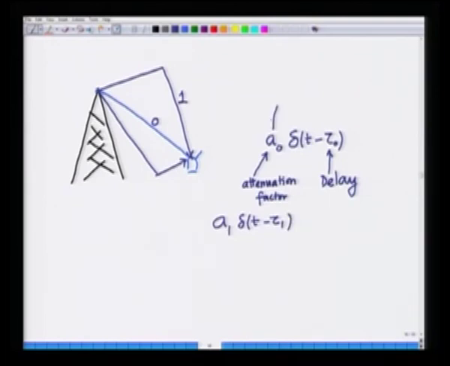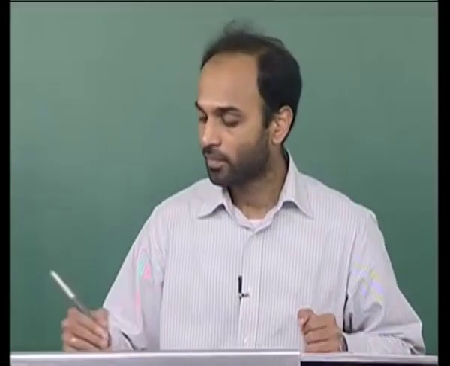So, this is the 0th path or the line of sight path. Remember, we introduced this nomenclature, LOS stands for line of sight, in the previous slide.